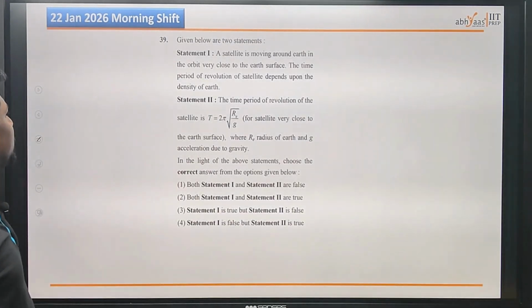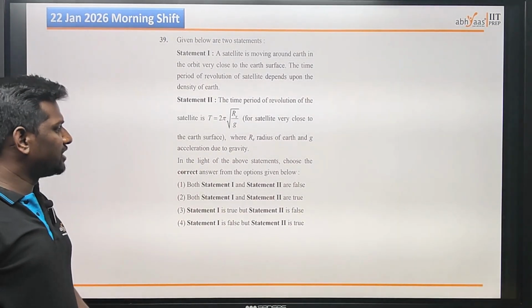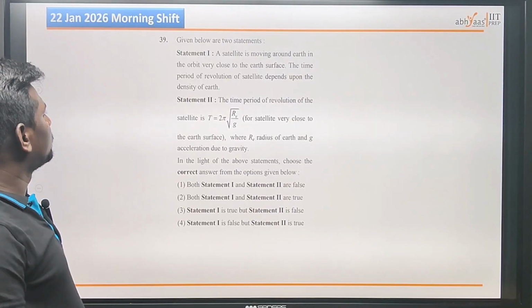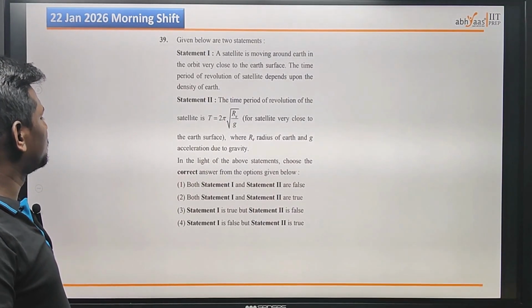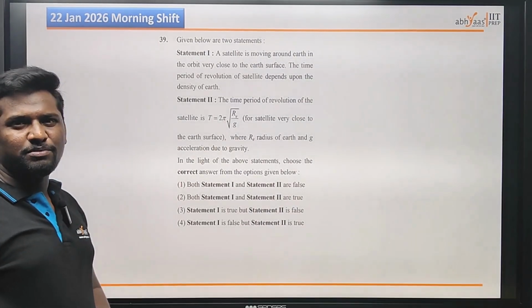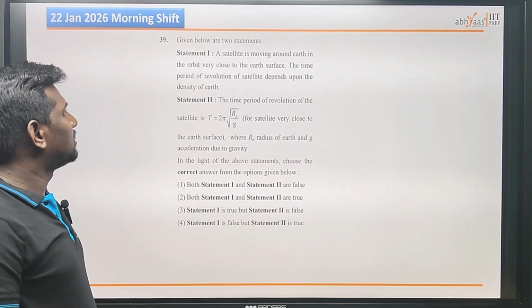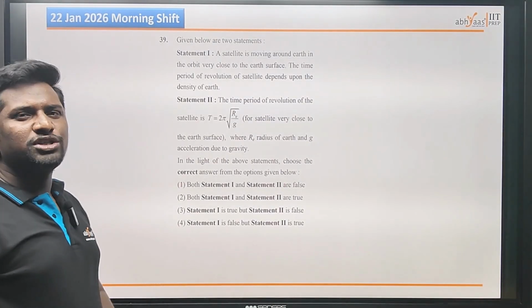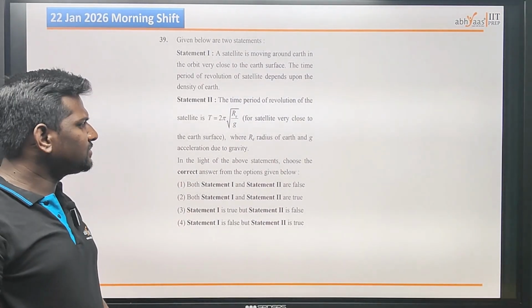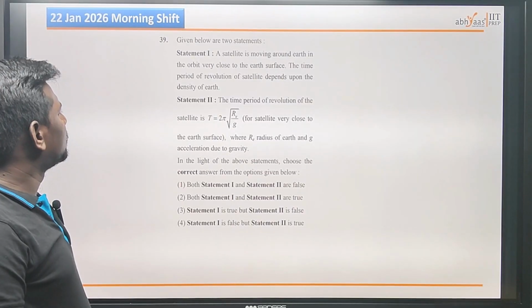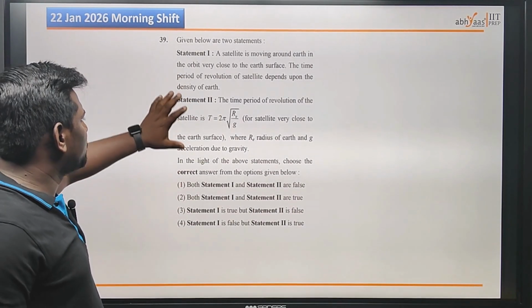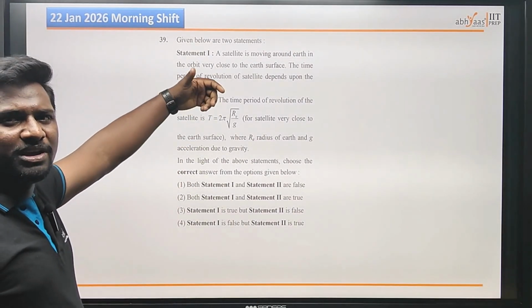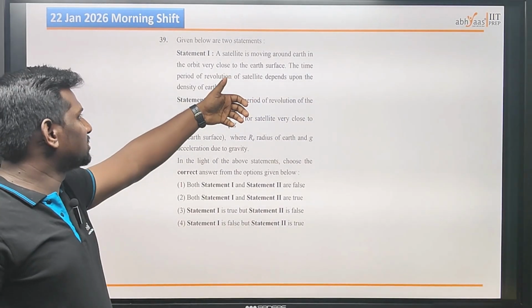So next question, question number 39. The question is from gravitation, based on the motion of a satellite. Moderate question only. These are statement based questions, and in this paper we are having 3 statement based questions.